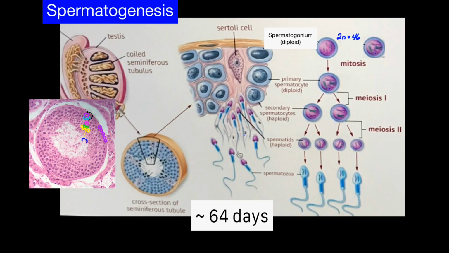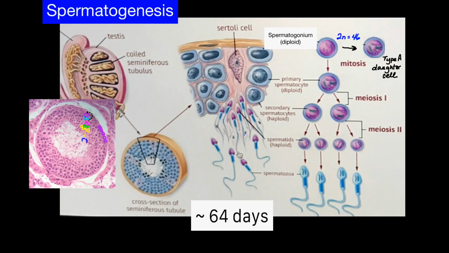Before anything happens, this cell undergoes mitosis. And this process in males doesn't start until puberty. The cool part about the cell undergoing mitosis is that it essentially makes a backup copy. It's creating another stem cell that keeps all that information intact so it can be used later to pass the information on.